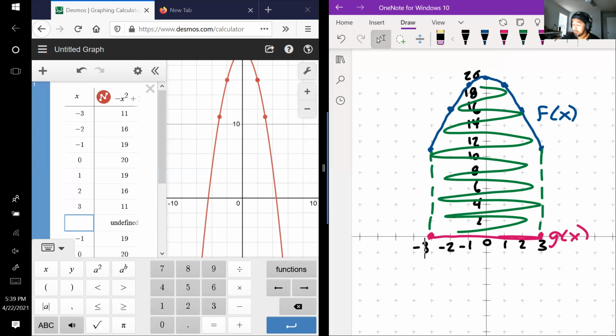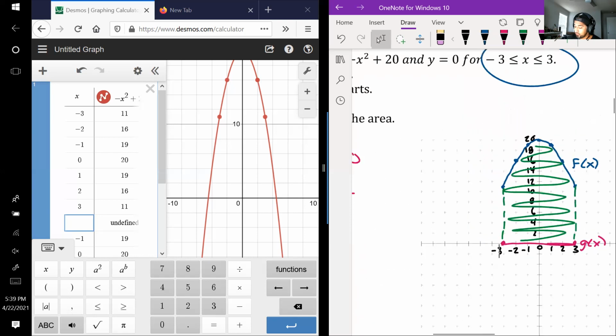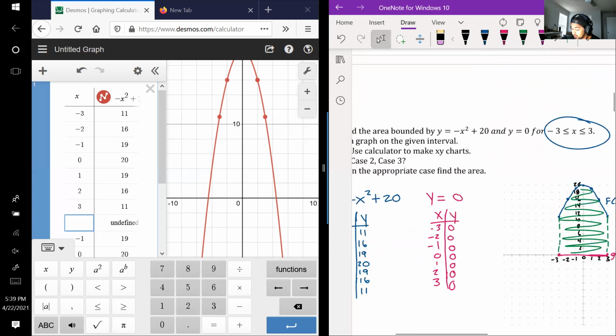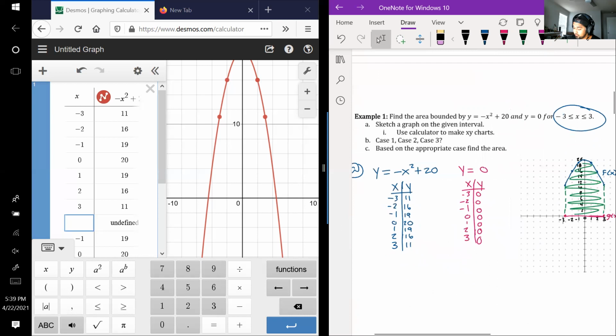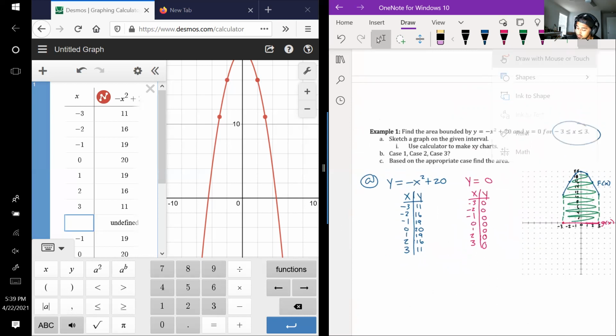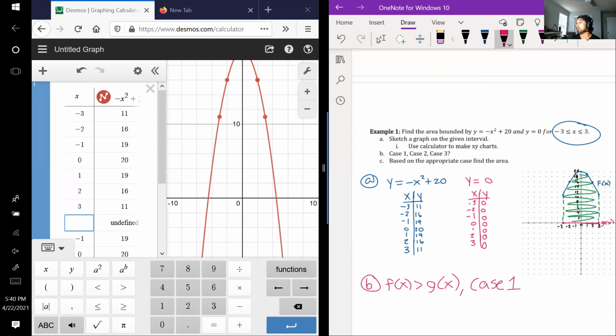Which means we can now move on to step B, which means step B, all we want to know is what case is this? So for step B, we see that from our graph, f of x is above g of x, which means that this is going to be a case 1.